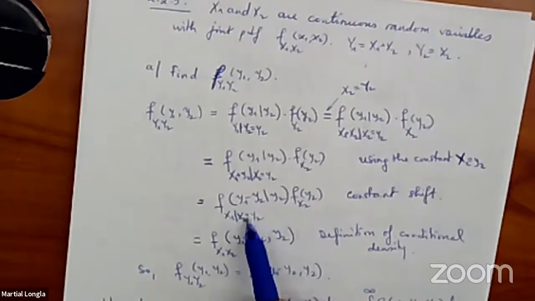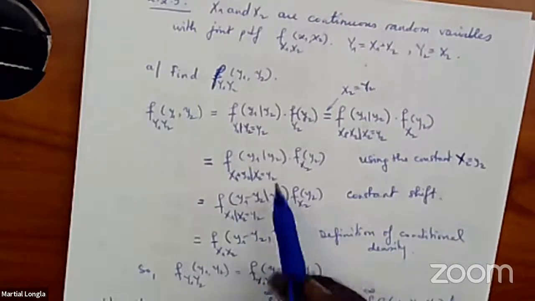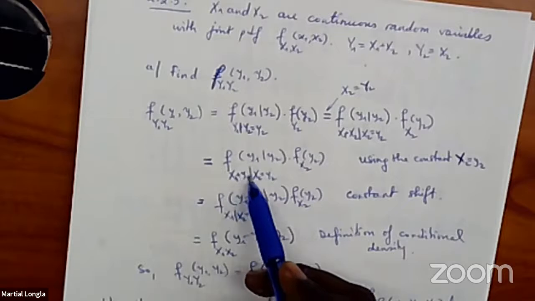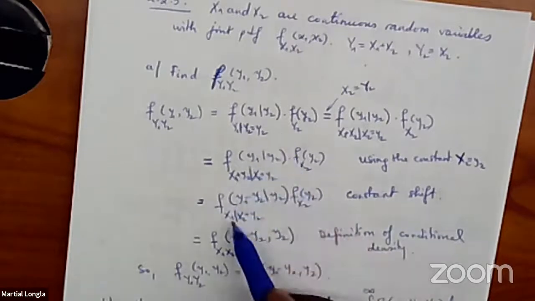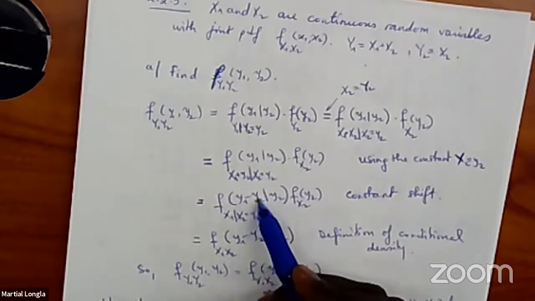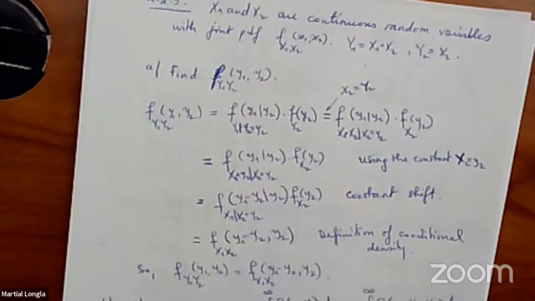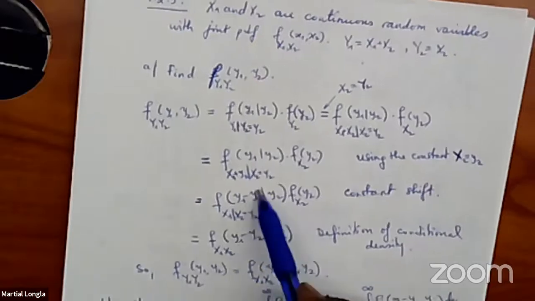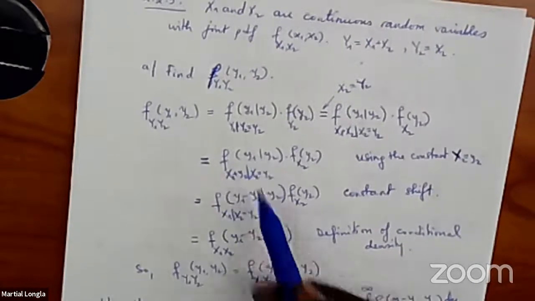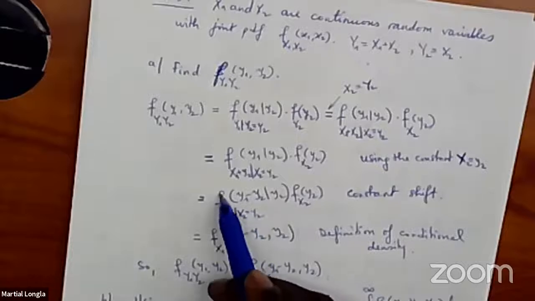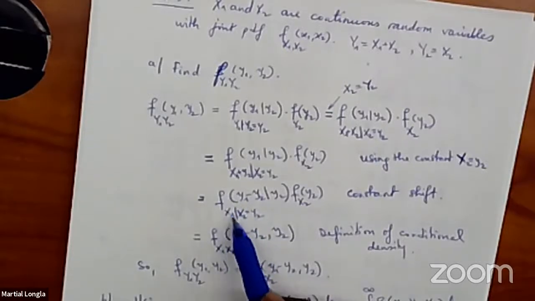Having plus y2 here is the same as not having it but having minus y2 inside, because it's a constant. I can shift the constant. And now when I pull that constant inside, the distribution becomes that of x1 given x2 equals y2.